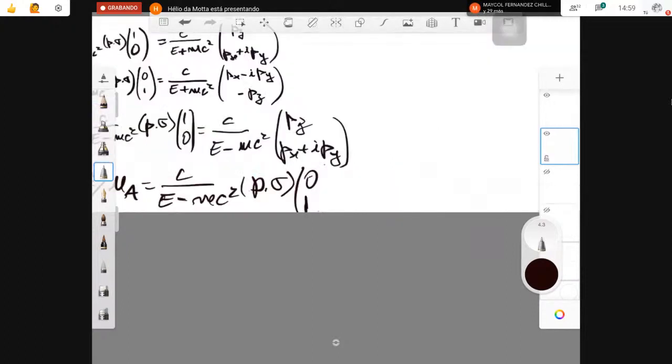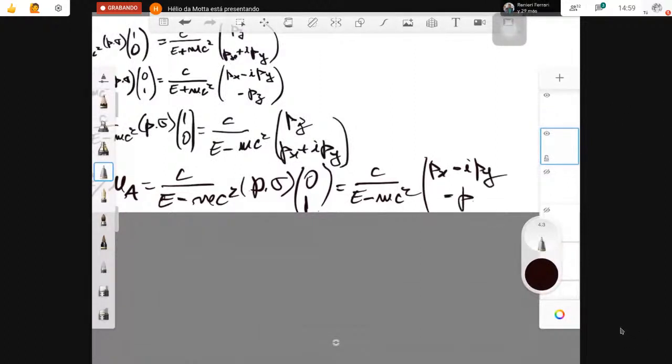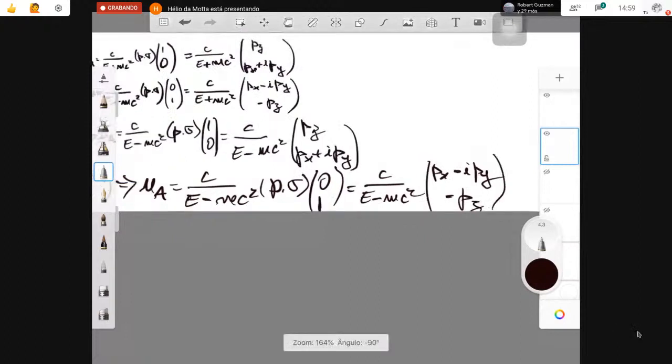That'll be c(E minus mc²), p_x minus i p_y, minus p_z. Okay, of course nobody has to memorize all this.